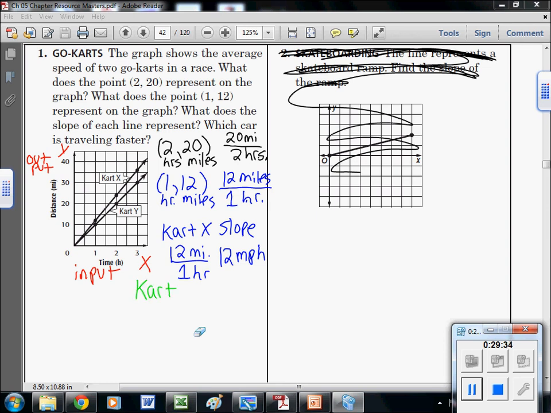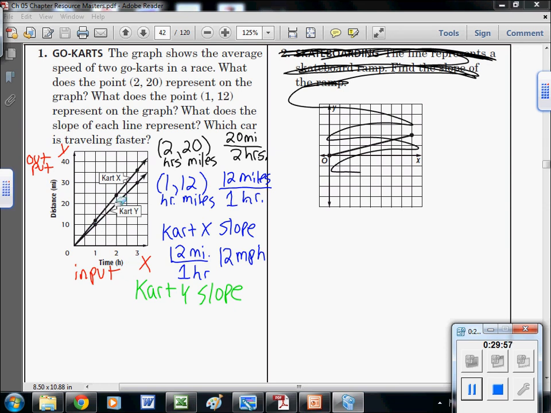So now let's talk about cart Y slope. We're going to do the same thing for cart Y. For cart Y, we can see that one is right at 1 comma 10. That point is right on the dot, this line goes right through 1, 10.